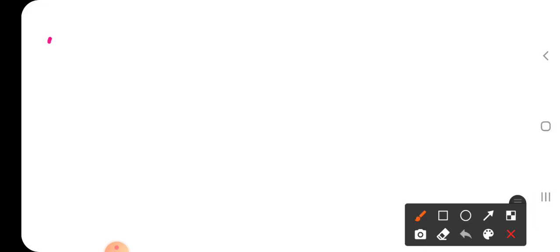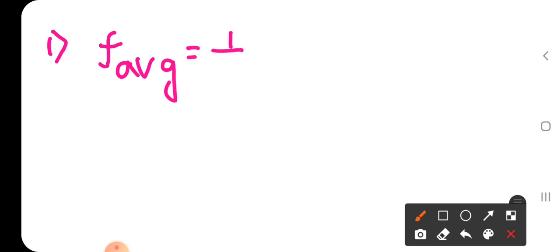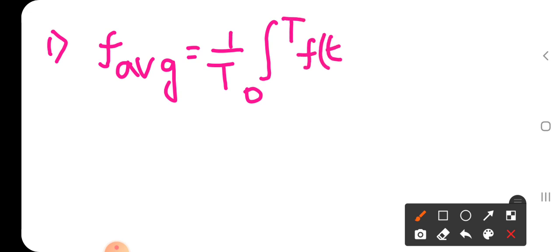Yes, the first one is the expression for the average value. Let us assume f is a function of time, then the average value of f is given by 1 by T, where T is the time period, integral 0 to T f of t dt.